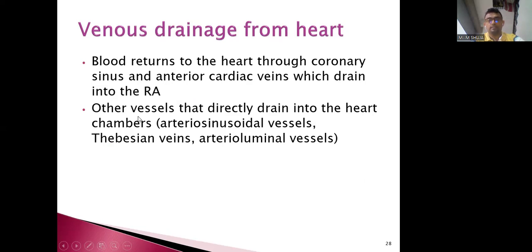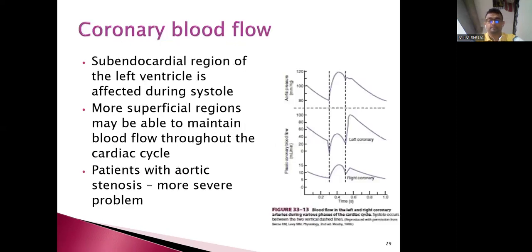Other vessels directly drain into the heart chamber, while arterioluminal vessels and arteriosinusoidal vessels are responsible for that mismatch. When it comes to the coronary blood flow, your heart is contracting during systole and relaxing during diastole.